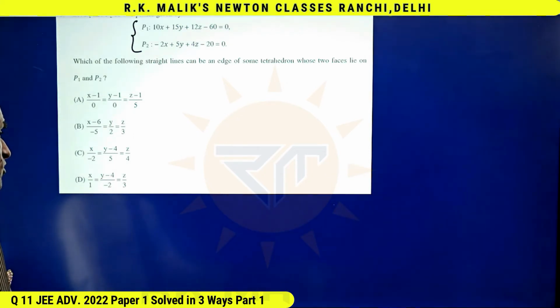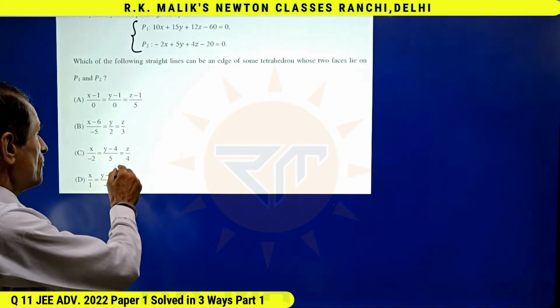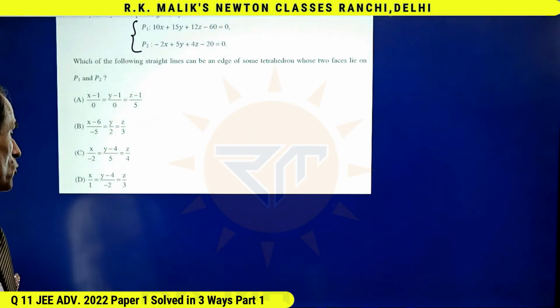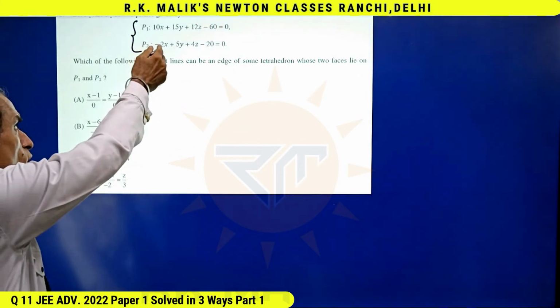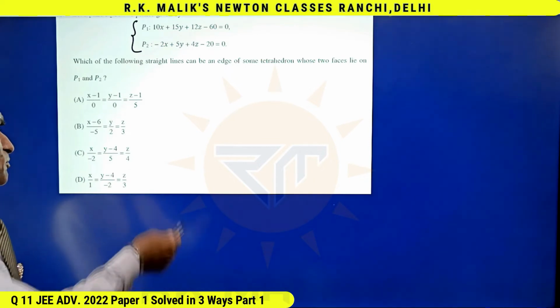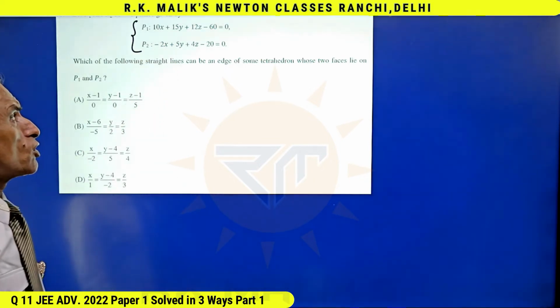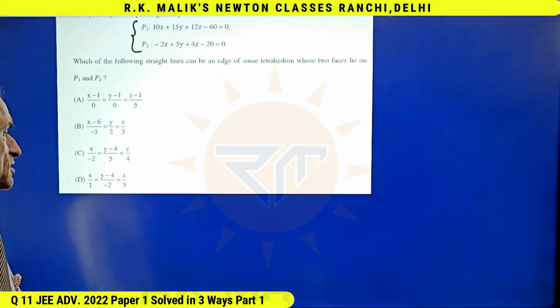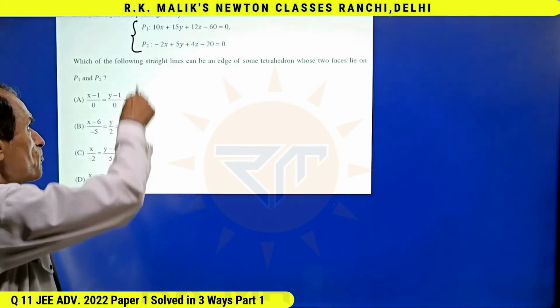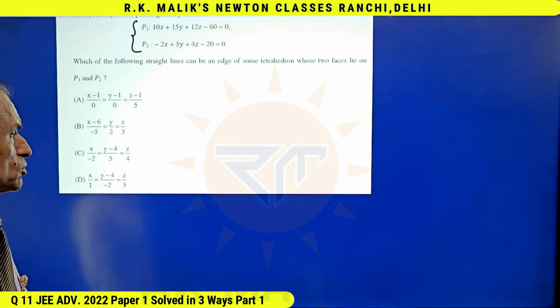And now let us check whether this line is parallel to the plane P2. It is clearly not parallel to this plane. Hence, this is not parallel to the plane P2 also.